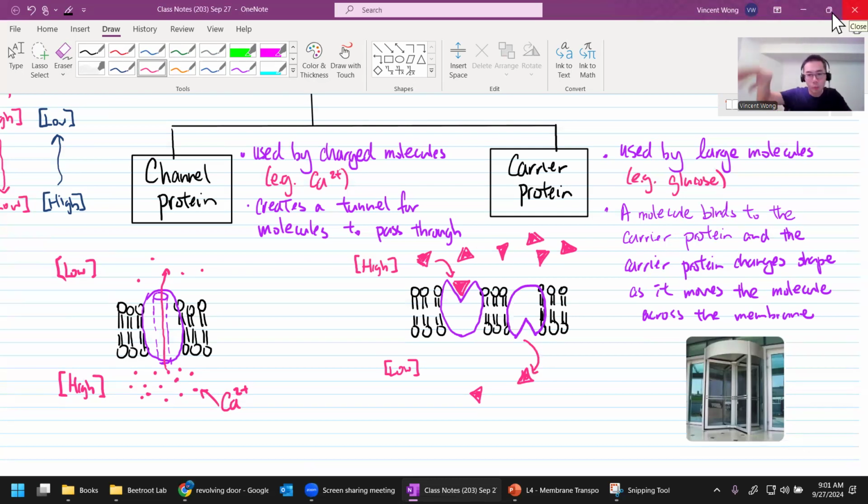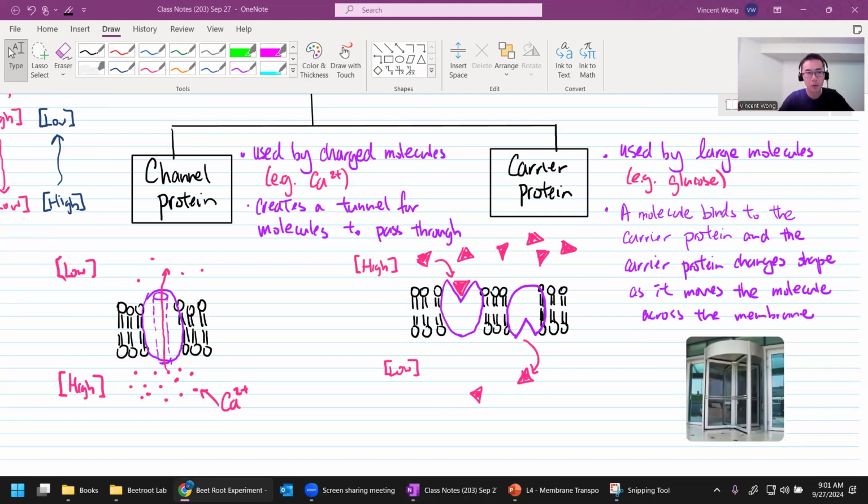Okay, so just like the revolving door. The shape changes, the protein shape, not the molecule that you're moving, okay? That doesn't change. The triangles don't change shape. What changes conformation is the carrier protein. Okay, so it binds to the protein, causes it to change, and then now it spits it out, and then it goes back to the original shape, grabs more, and on it goes.